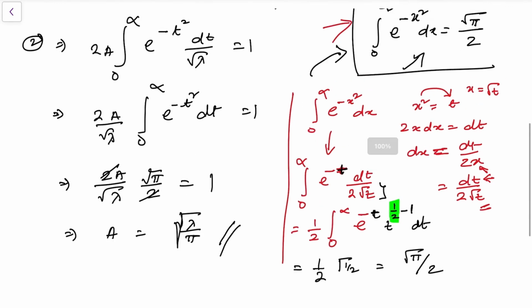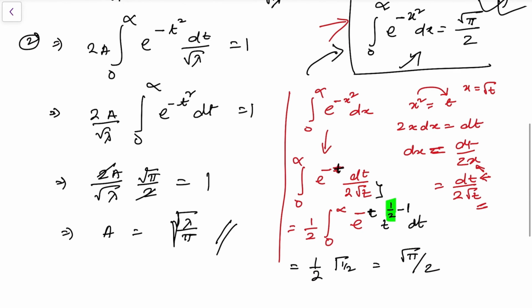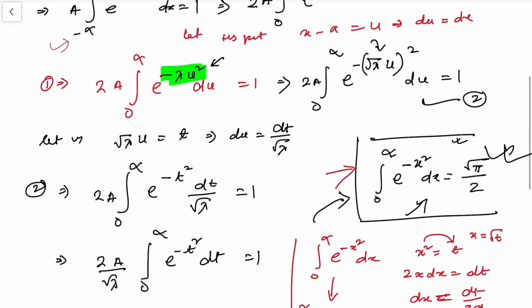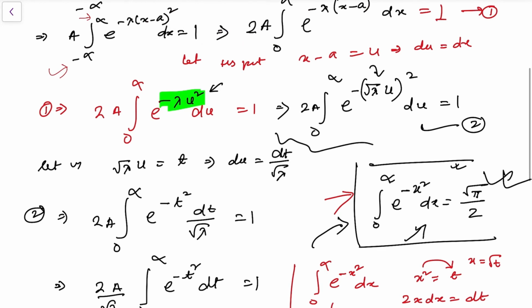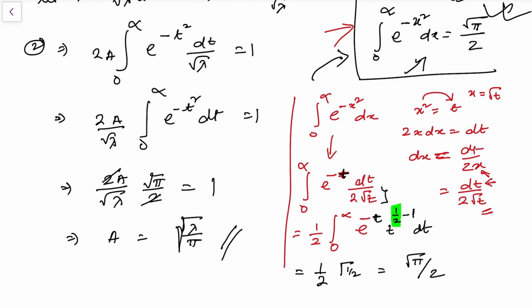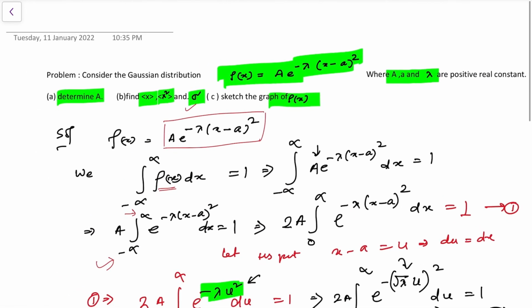So our result is root pi by 2. That's how we have got this result. So we have used this result here to find the value of the left hand side of equation number 2, and using that relation we have got the value of a. So we have got the answer of this first part.